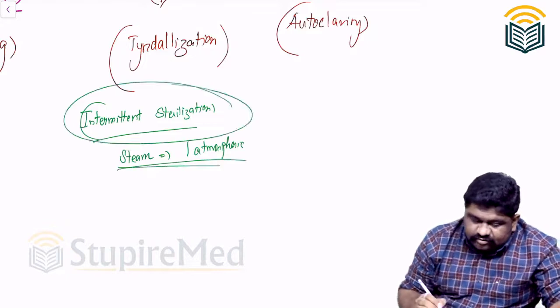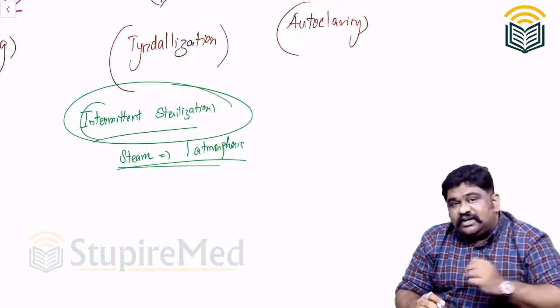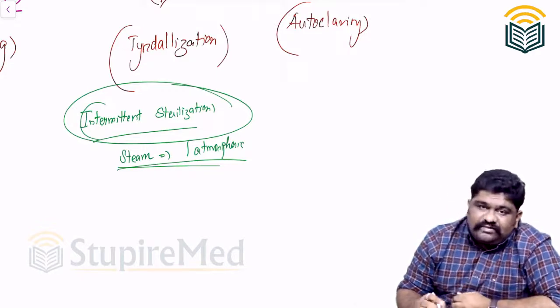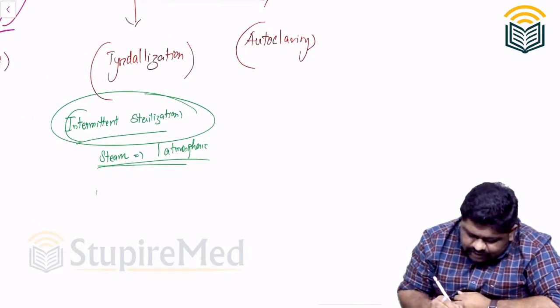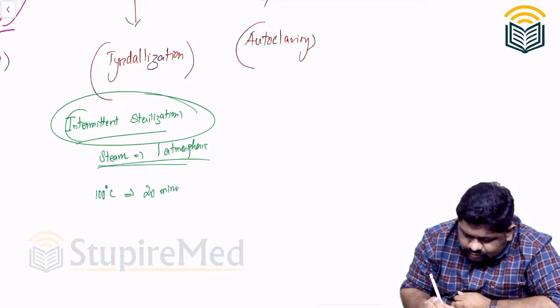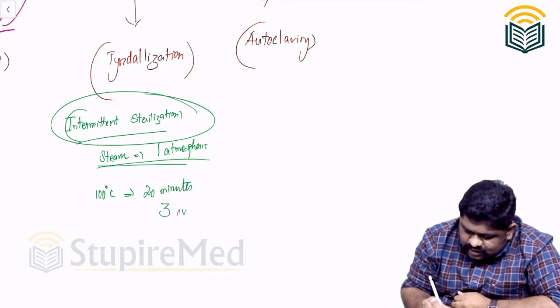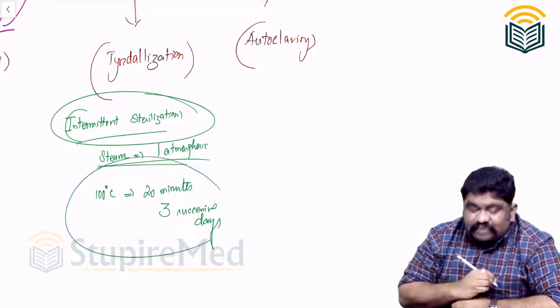And this is generally done for media containing sugar, gelatin, etc., because you do not want them to be completely destroyed. At the same time, you do not want them to be left infected. Also remember, you can go for 100 degrees Celsius for 20 minutes on 3 successive days.